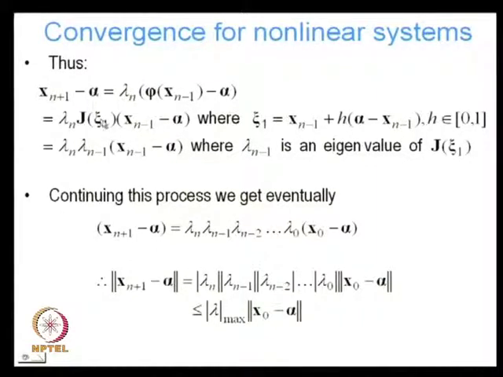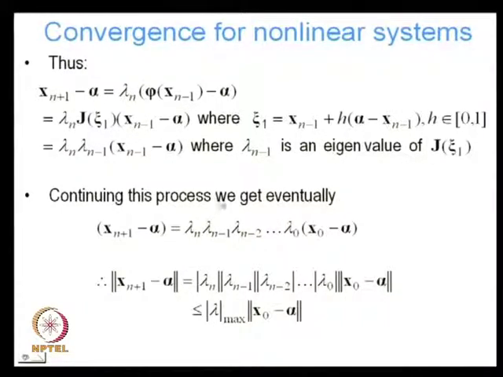So J of xi 1 times x n minus 1 minus alpha becomes lambda n minus 1 times x n minus 1 minus alpha, where lambda n minus 1 is an eigenvalue of J xi 1.